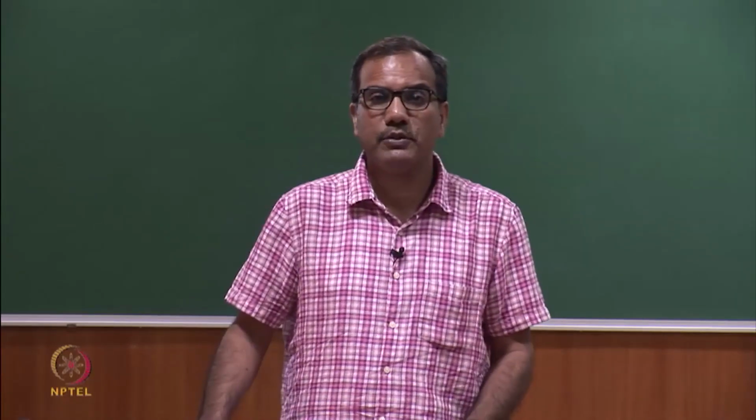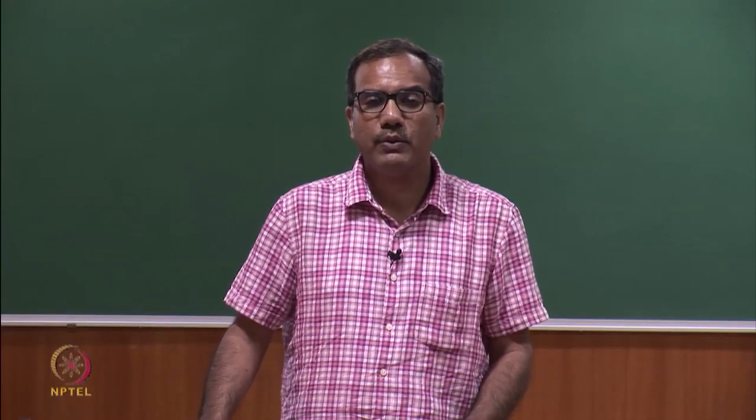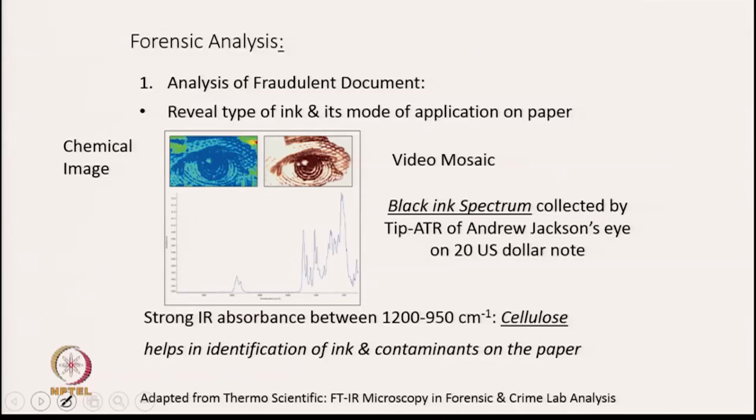For example, if you want to know whether a document which is obtained is fraudulent or original, FTIR can help you in that. What you can look at is the difference between the type of ink on an original paper and on a fraud paper.